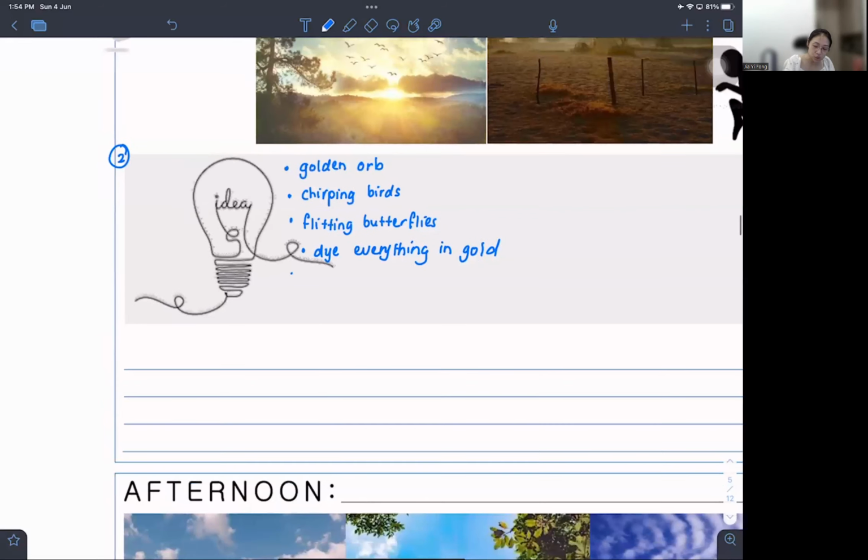So if you want to describe a very hot morning, because come on, who tells you that morning is very pleasant? Morning can also be very horrible. Sometimes when I wake up sweating, so that kind of hot morning, right? So we can say that the sun rises in a pool of crimson and gold.